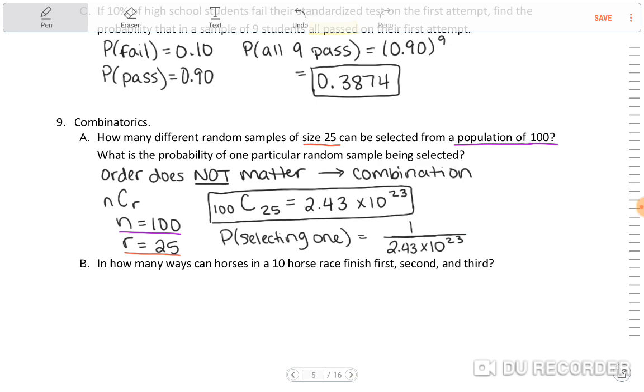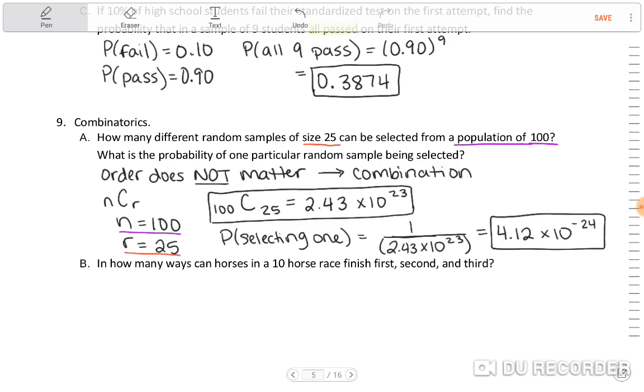If you're going to divide that in your calculator, to leave it in scientific notation, make sure that you put your denominator in parentheses like that, so that when you divide, you get this answer: 4.12 times 10 to the negative 24th. That would be the probability of selecting one particular sample.